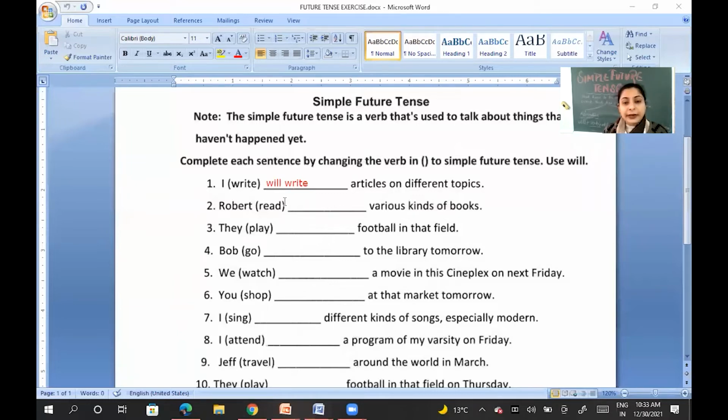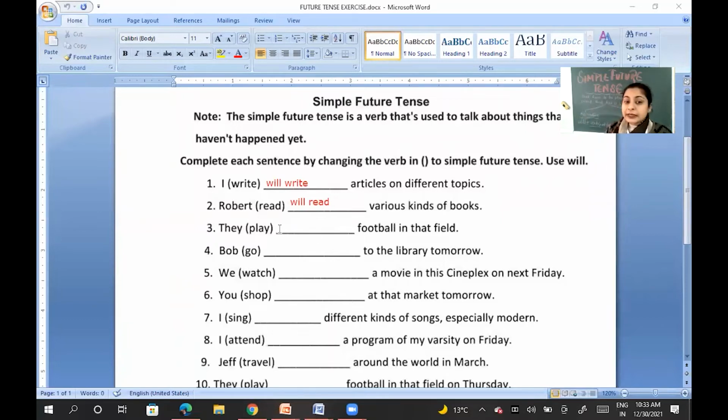Now the next example, Robert reads various kinds of books. Now here what we will do, Robert will read. We will simply add will and then read. There is no change in pronunciation, will read. Alright, next, they play football in that field. If we leave the sentence as it is, it is simple present tense.